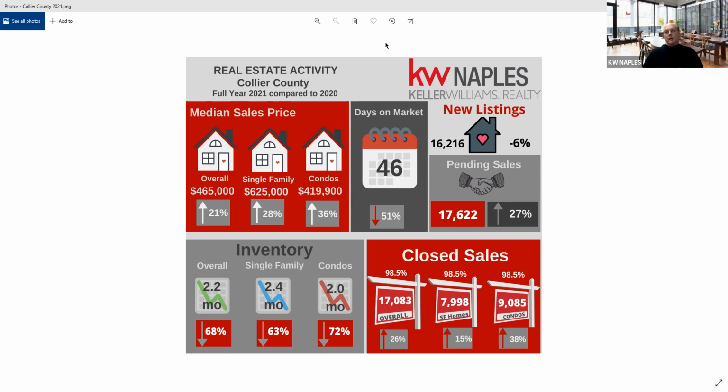And the other thing that's important in this slide is over the year, we only took 6% new listings. So it wasn't like we didn't put listings in the top of the funnel. It was just, if you take a look, we took out quite a few more listings than we put back in.